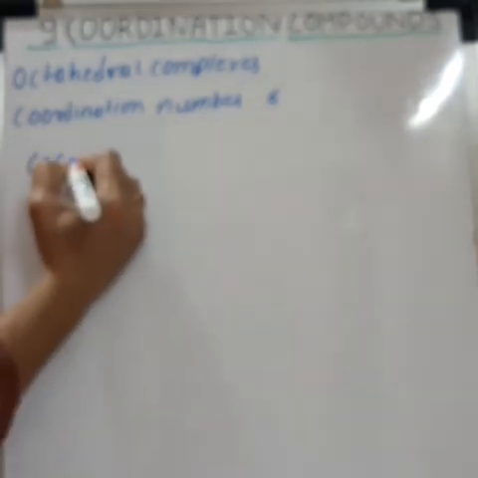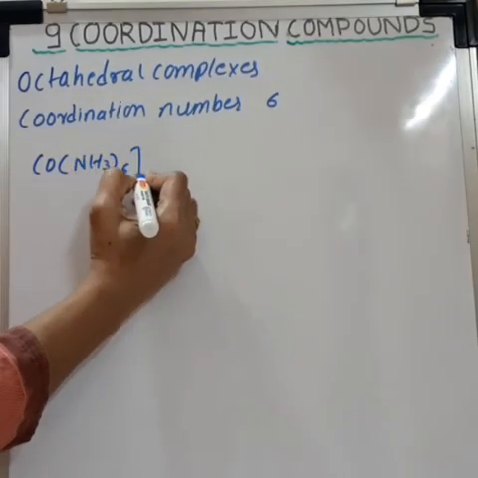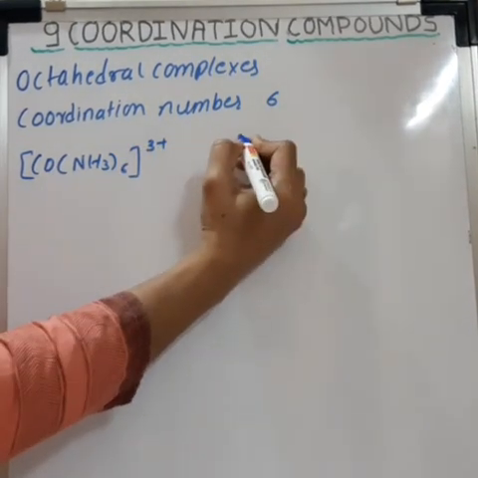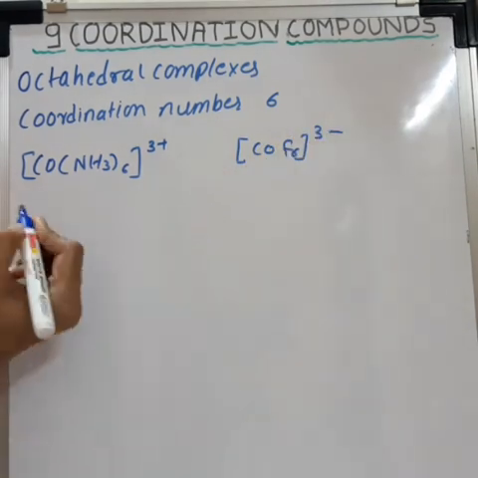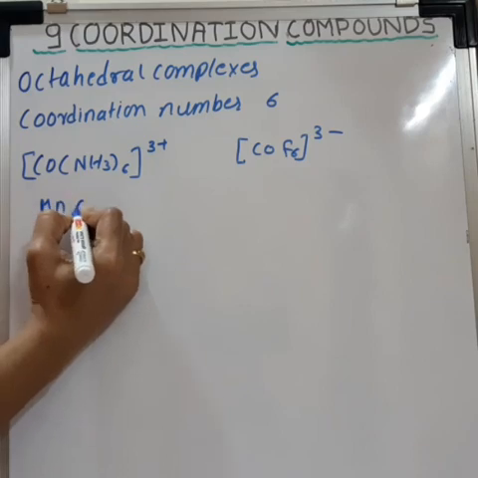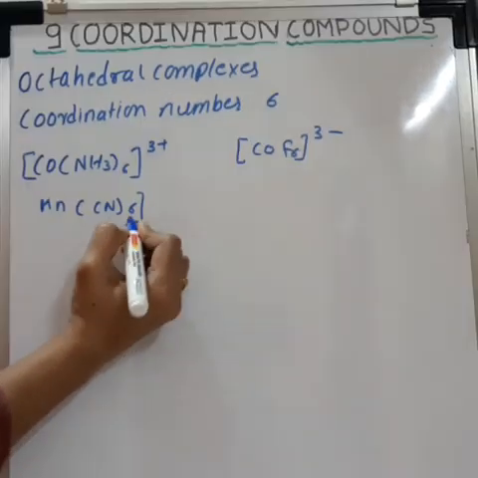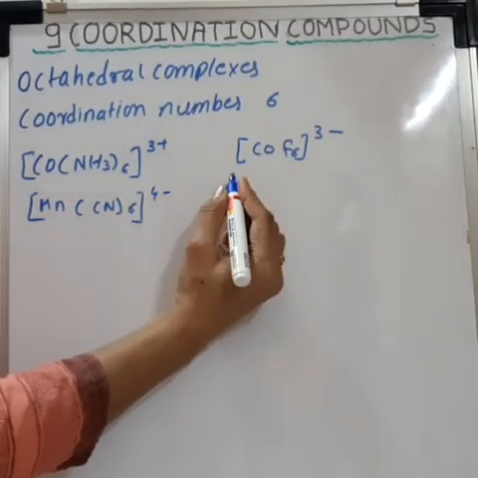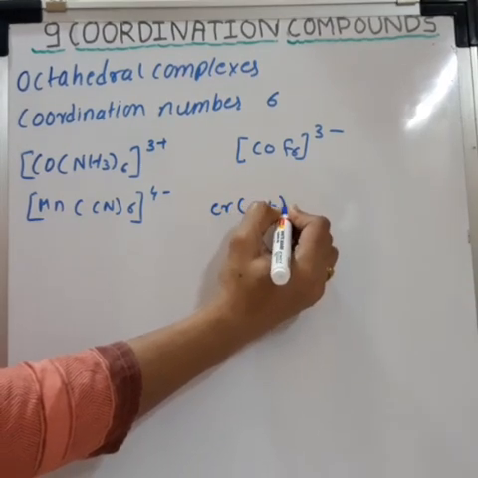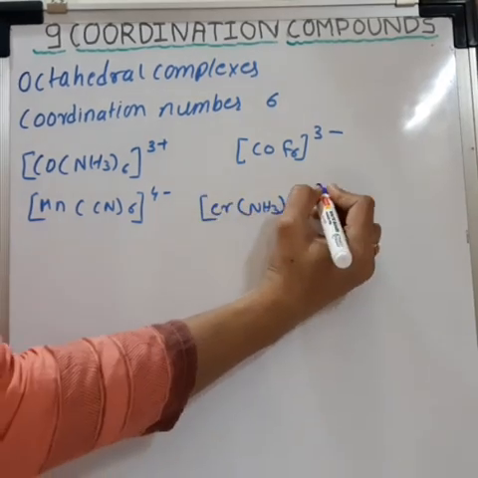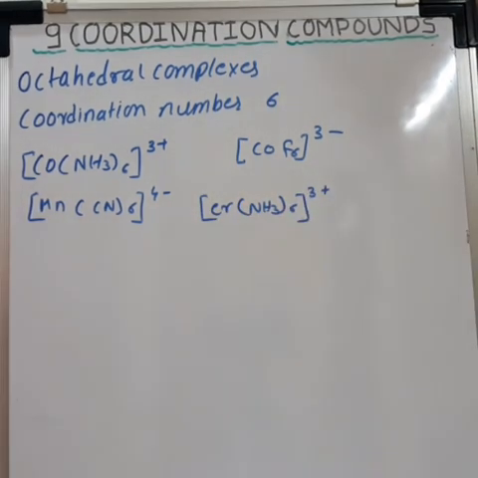Some examples of octahedral complexes are [Co(NH3)6]3+, [CoF6]3-, [Mn(CN)6]4-, [Cr(NH3)6]3+. Some of the octahedral complexes are low spin complexes and some are high spin complexes.